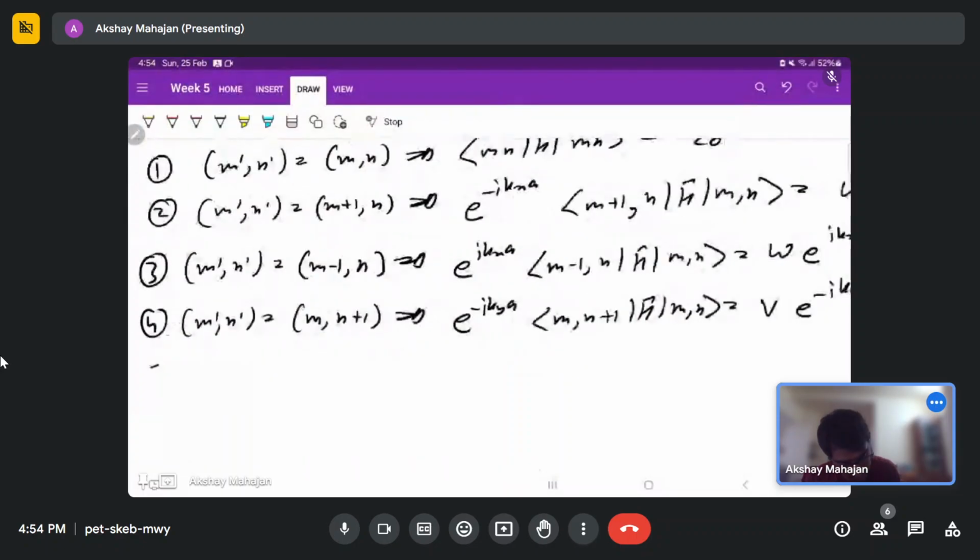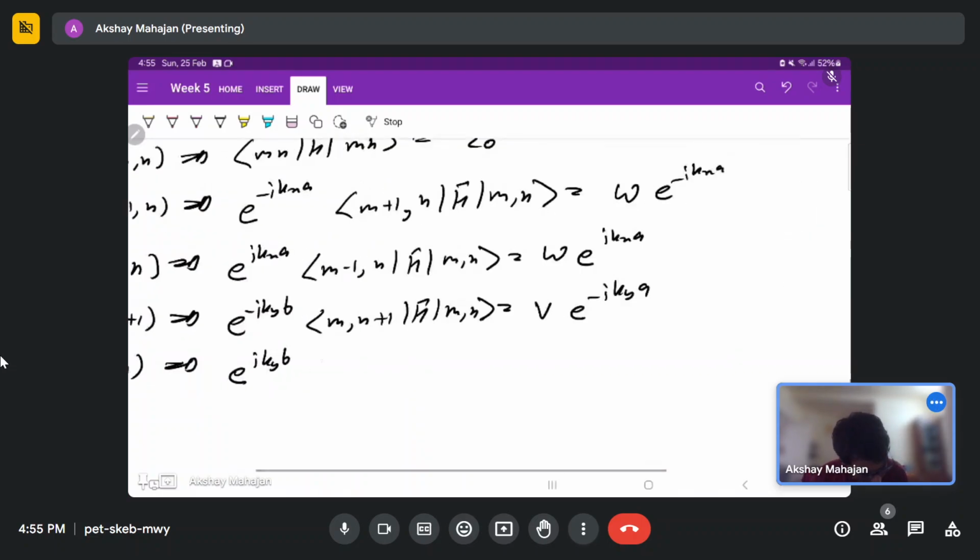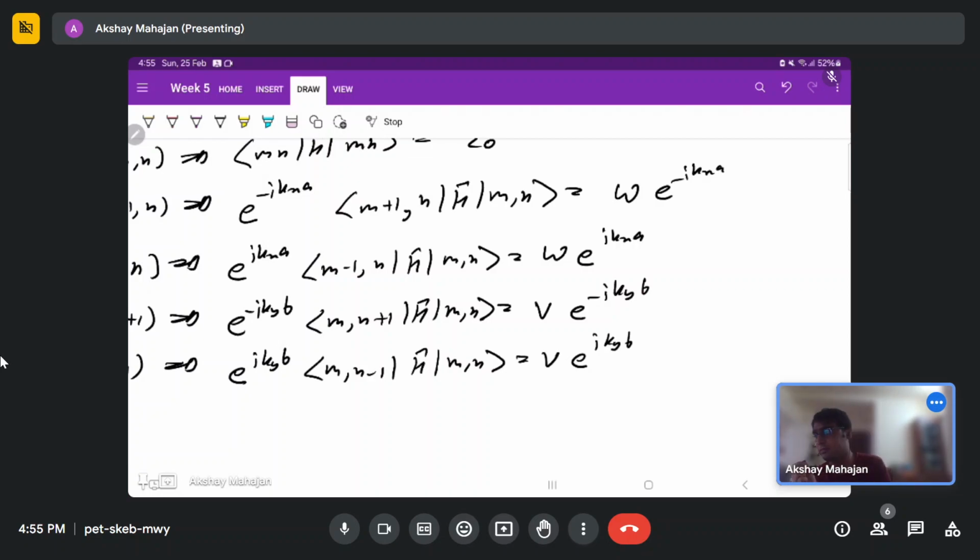Alright, similarly we have m prime comma n prime equals to m comma n minus 1, the fourth nearest neighbor, so this will be e to the power iota ky b, sorry about that, along the y-axis it is b, m comma n minus 1 h cap m comma n equals to v times e to the power iota ky b. Alright, so these will be the terms.